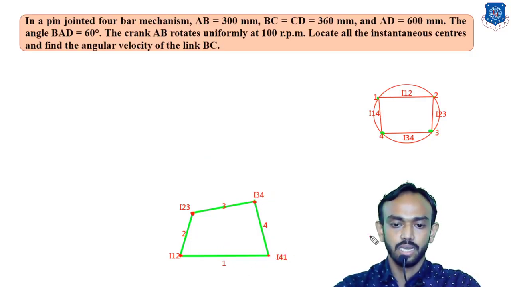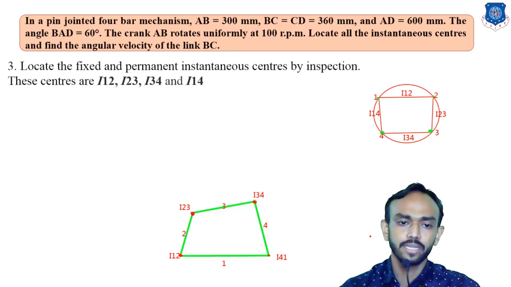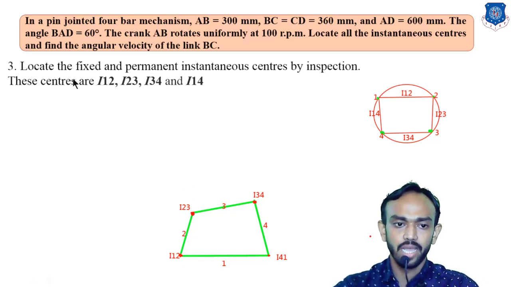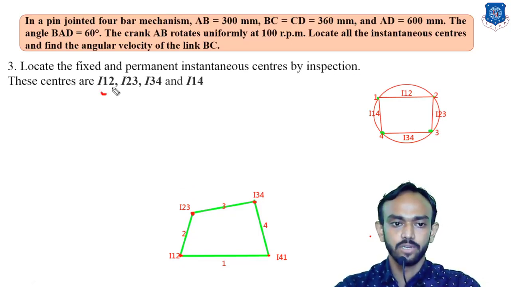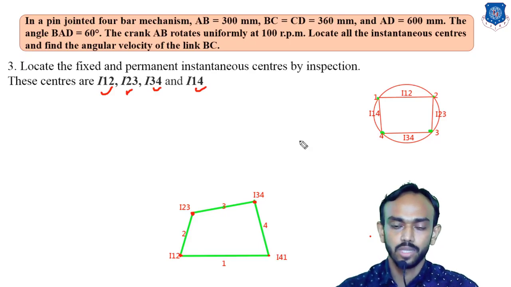This point is I41. So that's how you can find the 4 eye centers, which are very easy, which are connection points. I12 is here, I23 is here, I34 is here, and I41 is here. 41 or 14, both are the same.